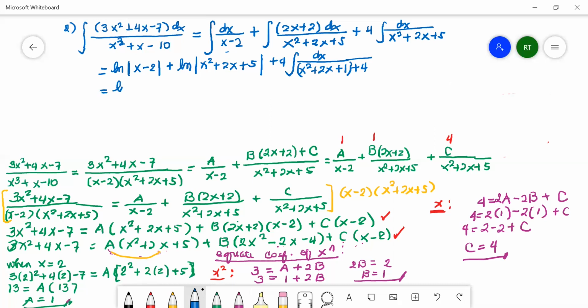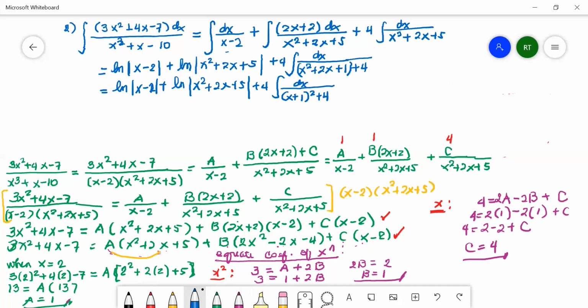Okay, so natural logarithm of x minus 2 plus the natural logarithm of x squared plus 2x plus 5 plus 4 times the integral of the differential of x over, okay, we can factor x squared plus 2x plus 1 as two identical binomial x plus 1 squared plus 4.